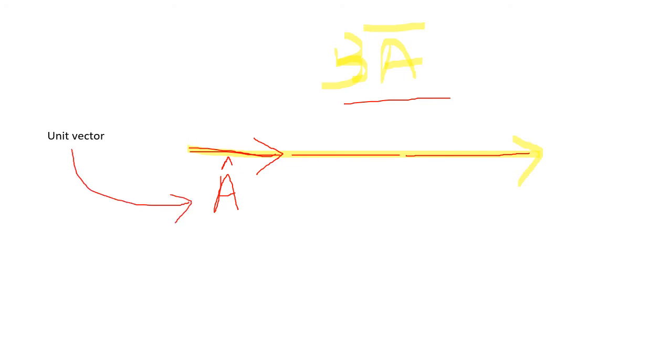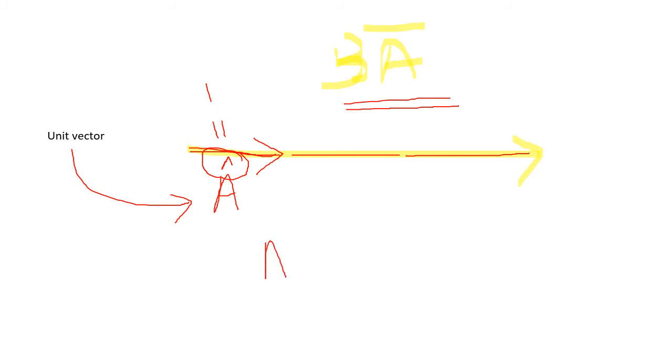So how can I define a unit vector? A vector which is along the direction of your principal vector, your 3a direction, this yellow line, and it has a magnitude of how much? 1. Such vectors are known as your unit vectors. And note, we will denote unit vectors by this symbol a cap.